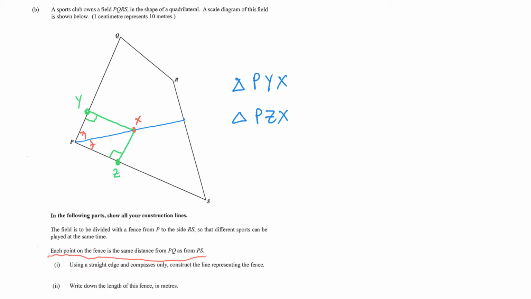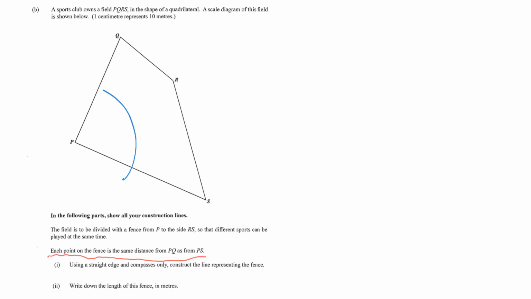So, our goal here is to construct a line that bisects the angle at the vertex P. So let's do that construction. Take your compass, set it at any length you want, and place the center at point P. Then draw an arc intersecting PS and PQ. We'll label these intersection points A and B. Then take your compass, place the center at A, and draw an arc near the middle.